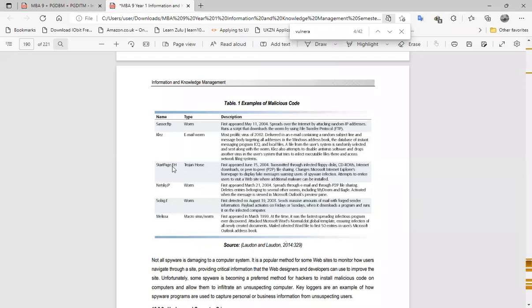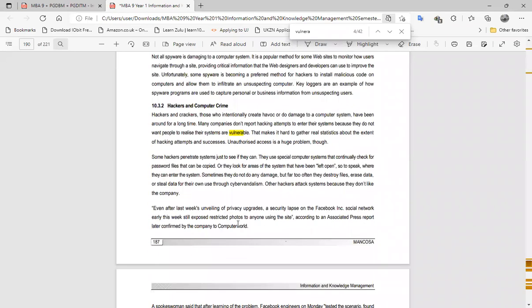Then this startpage.fh, a Trojan horse. It was spyware that attempts to entice users to visit a website where additional malware can be installed. Sometimes these days when you go on certain websites, you will see something saying, hey, if you want this, click on this one.